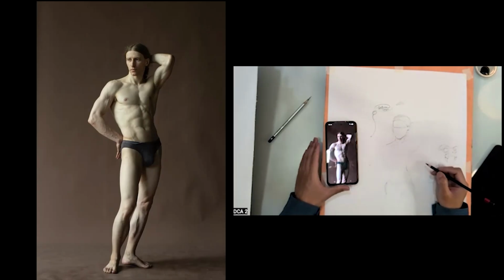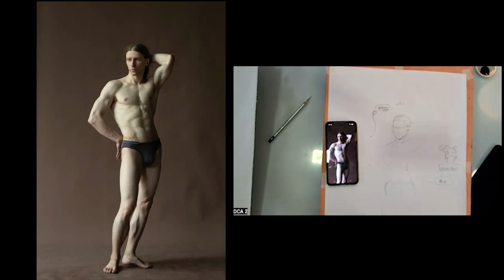Now I think you would have realized by this time that I'm trying to draw as light as I can, which means I'm applying very light pressure because I don't want to be using an eraser every time I make a mistake. So here I'm trying to draw as light as I can so that I can readjust it later as my drawing progresses.